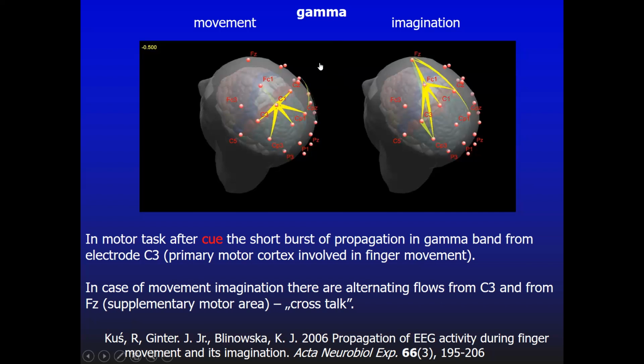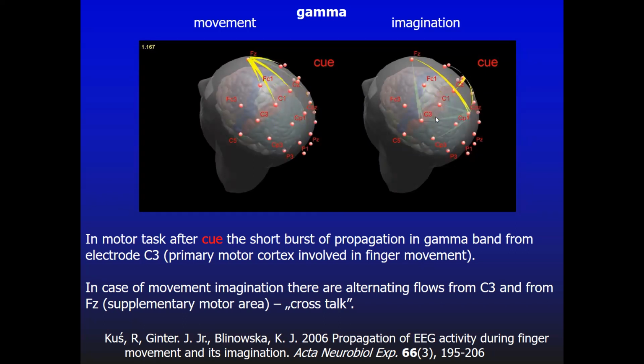So please watch when the red cue will appear on the screen. So this is before. And now we wait for the cue. And after the cue, we'll see the burst of activity from C3 in case of movement, and then nothing much more. And then please look at the imagination.